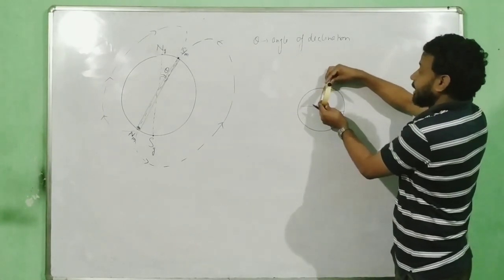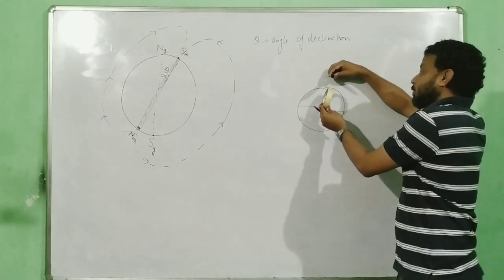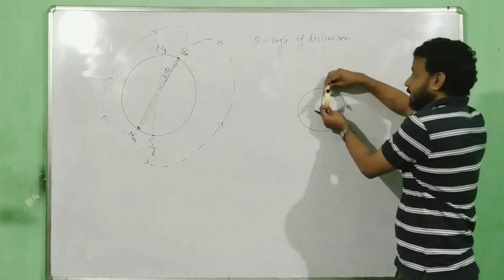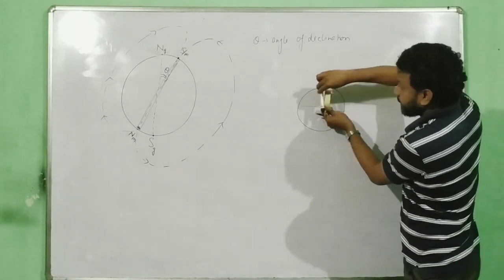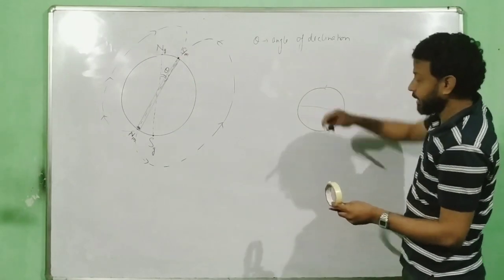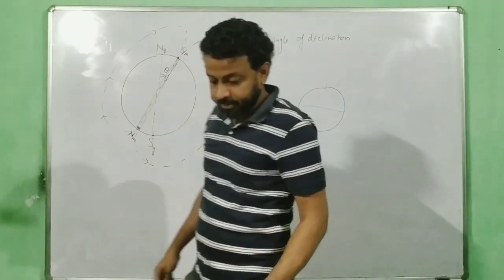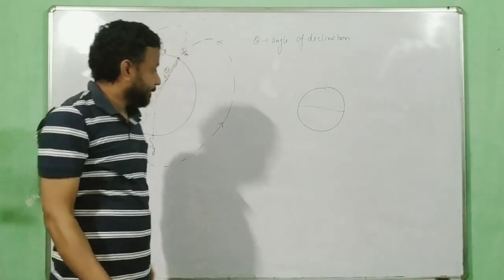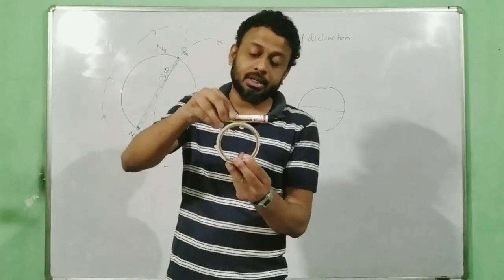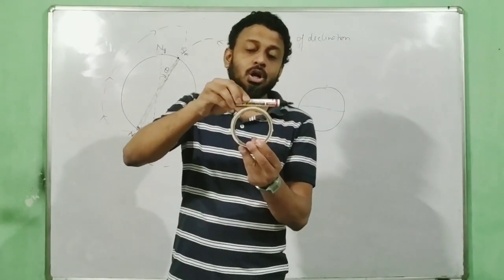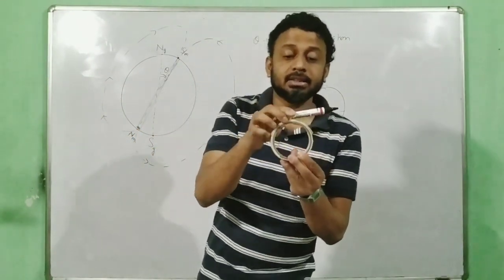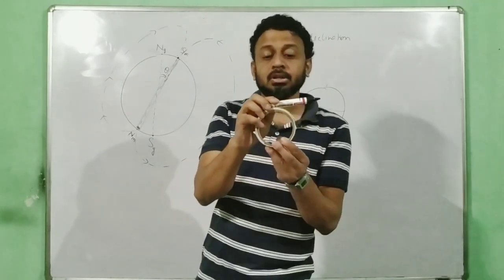In the northern hemisphere, the magnetic field will look like this. In the southern hemisphere, the magnetic field will be like this. So exactly at the equator over here, we call this direction the tangential direction, and this is the direction of magnetic field on the Earth's surface.